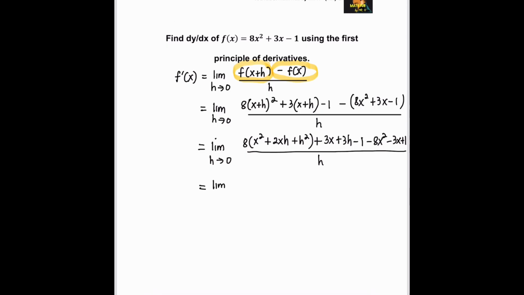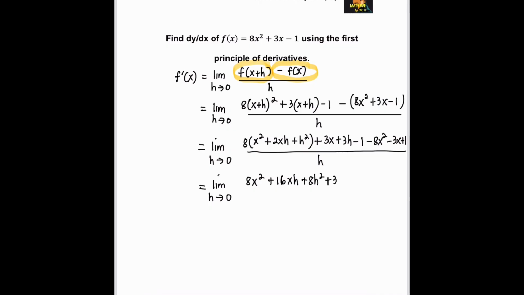So equal to the limit as h approaches 0. We need to distribute this. So 8 to every single term inside the parentheses. So 8 times x squared is 8x squared. 8 times 2xh is 16xh plus 8h squared.